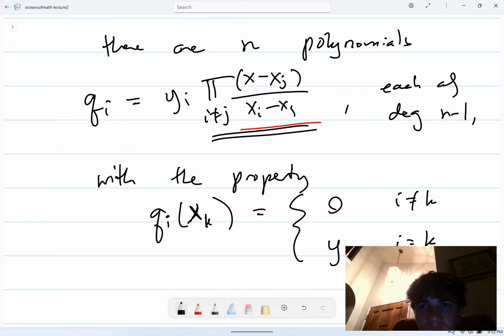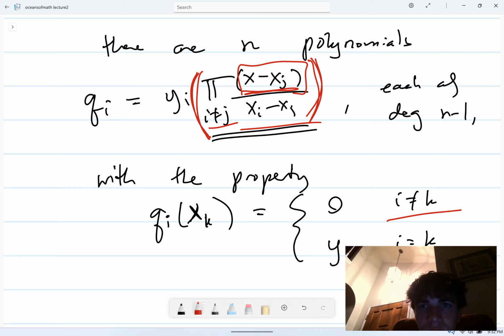So we construct a polynomial that has n minus 1 roots. Those roots are exactly all these x sub j's that aren't equal to i. So those n minus 1 roots give zero precisely when i is not equal to k. That's where this numerator comes from.